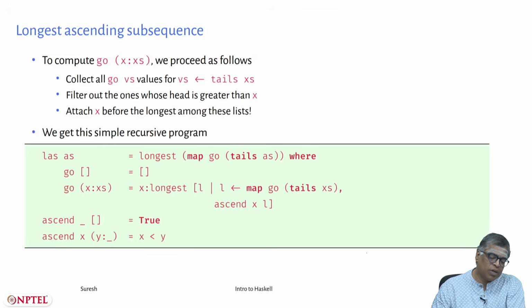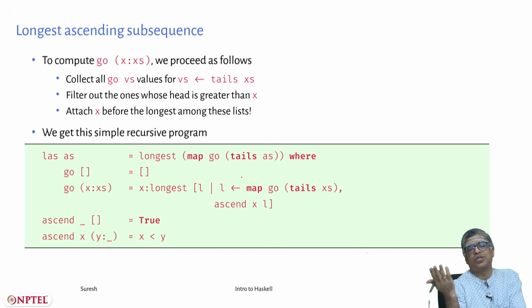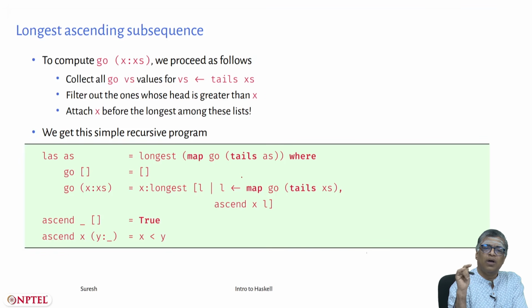And what does that computation entail? So, you get this very simple recursive program. LAS of A's, longest ascending sequence of A's, is longest of map go tails of A's, where go of empty list is empty list, go of x colon x's is x followed by longest of L such that L belongs to map go tails of x's, and ascend x L. Ascend x L is nothing but saying that ascend anything of empty list is true, ascend x of y colon whatever is x L is just to check whether x is less than y, right?